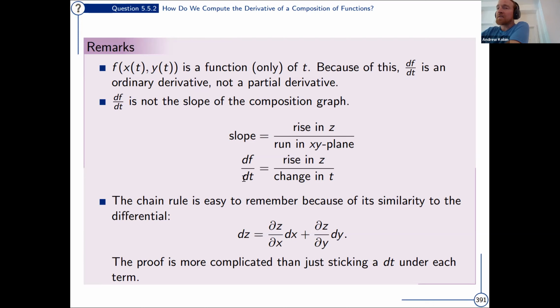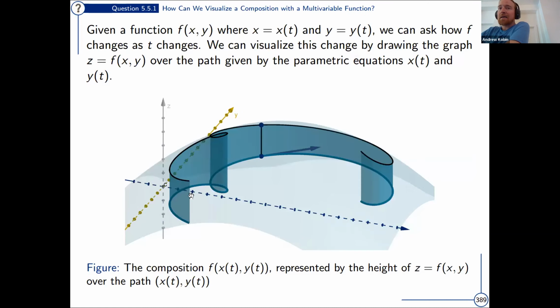Whereas df dt, what is this expressing? As we said a moment ago, this is the rise in z, or the change in f, as we change the input variable t. So if we go back a couple of slides and look at the height function here, and we track our trajectory on that height function through this black curve, this is the result of plugging in the t variable into x and y and then calculating its height at any point to get the height on the black curve.